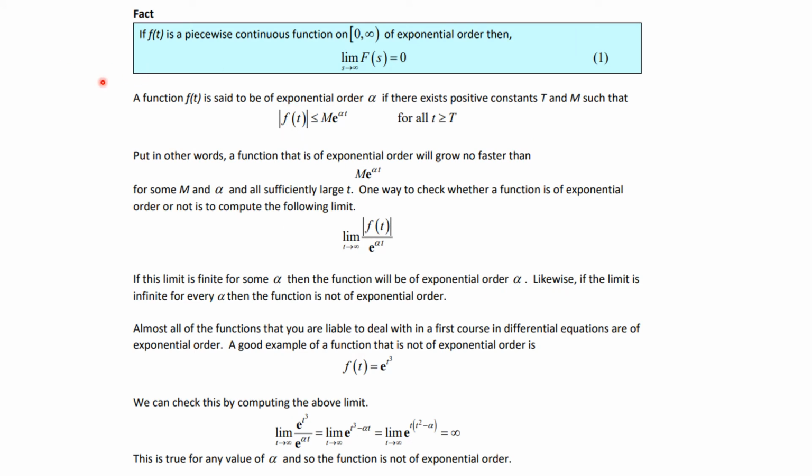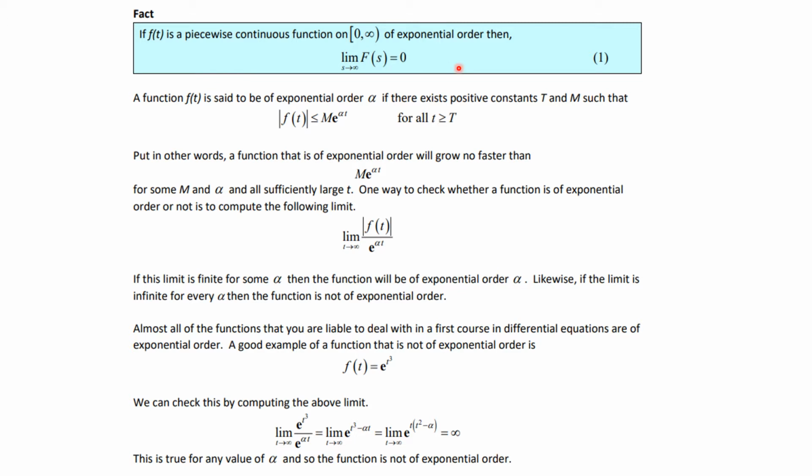Now we have to lay a little bit of groundwork here. This is a theorem in your textbook. If f of t is a piecewise continuous function on 0 to infinity of exponential order, then the limit as s tends to infinity of capital F of s is equal to 0, where capital F is the Laplace transform of lowercase f of t.